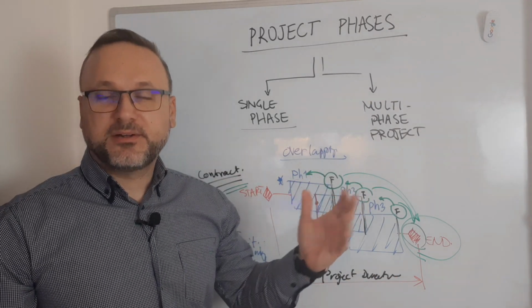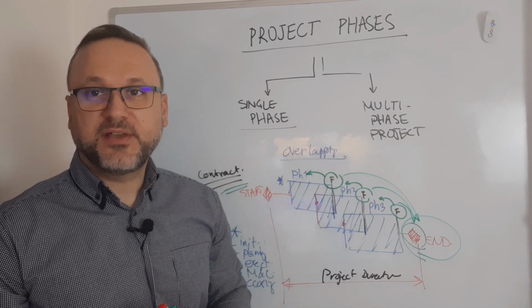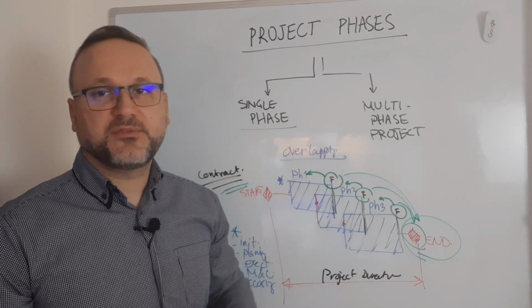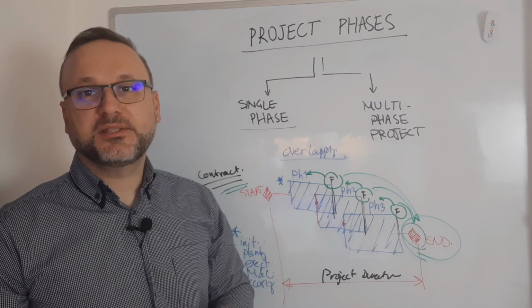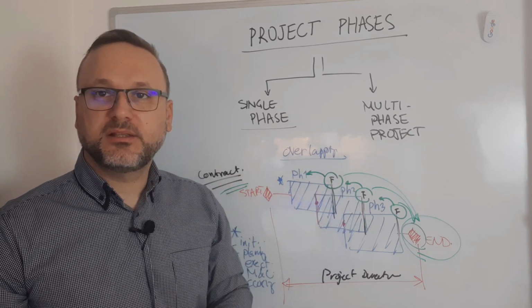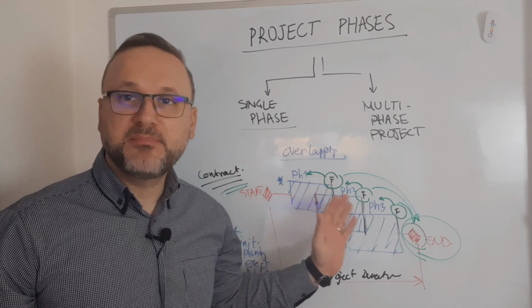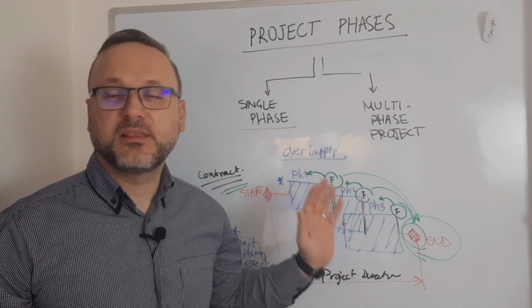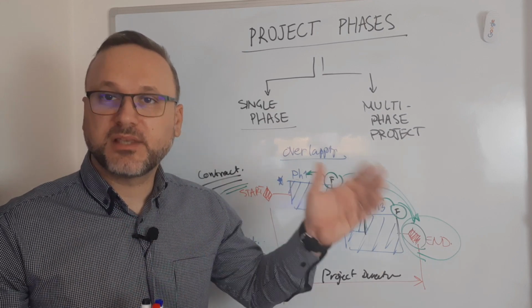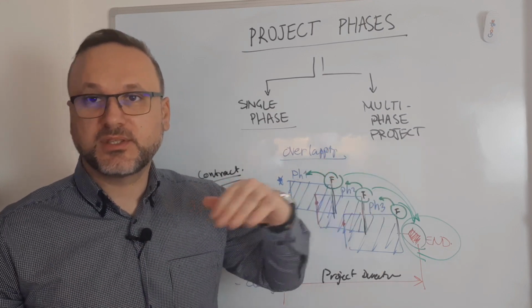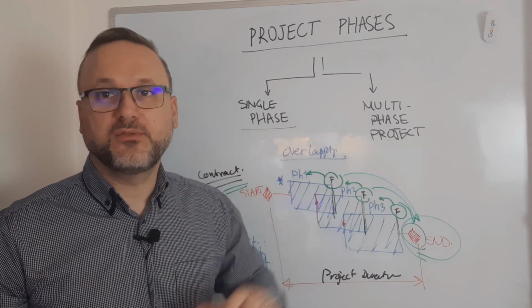Definitely there are other project phases like iterative project phases and waterfall phases. We will discuss them in next videos. Now we just described the main phases, the single phase and the multi-phase, which is sequential or overlapping.